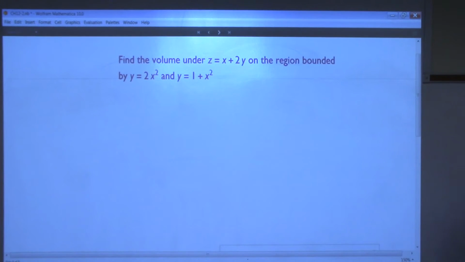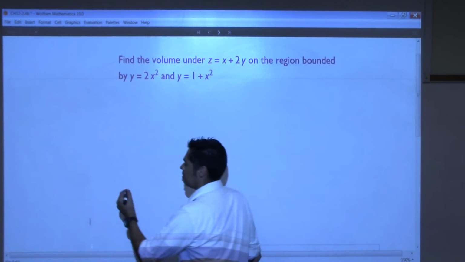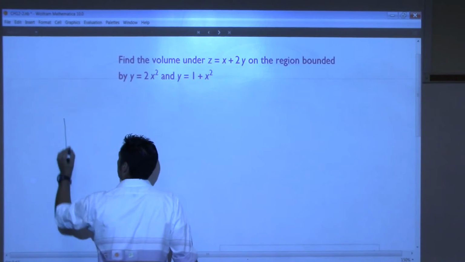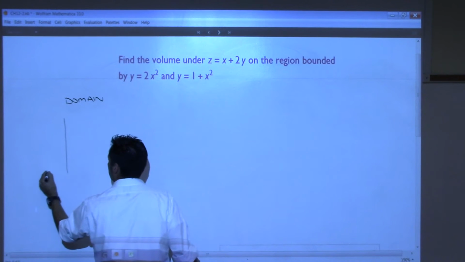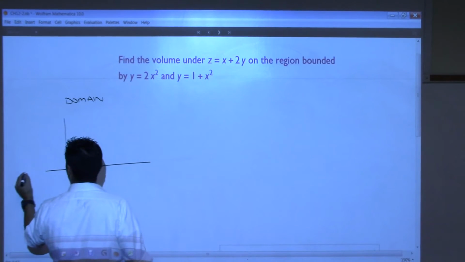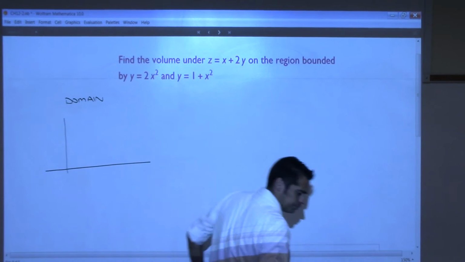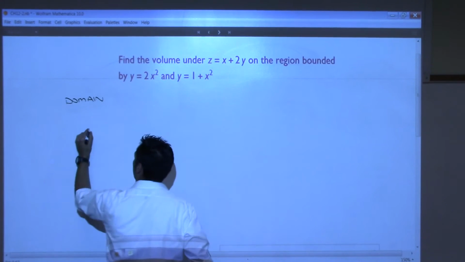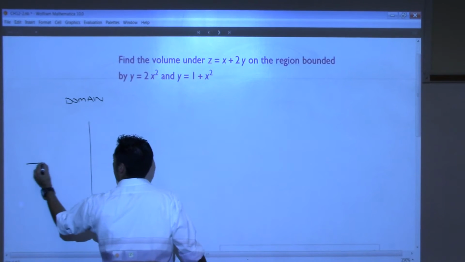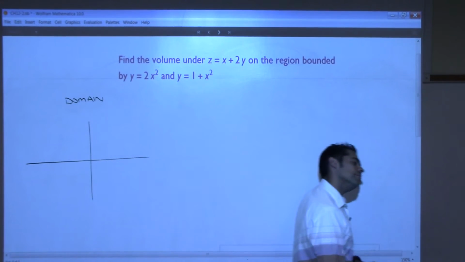All right, so let's talk about this region. I'm going to try and draw it first. Remember, this is my domain over here. This is what I'm going to integrate over. My guess is that this is going to be a type 1 region. Wouldn't you say? Makes sense that it would be, right?